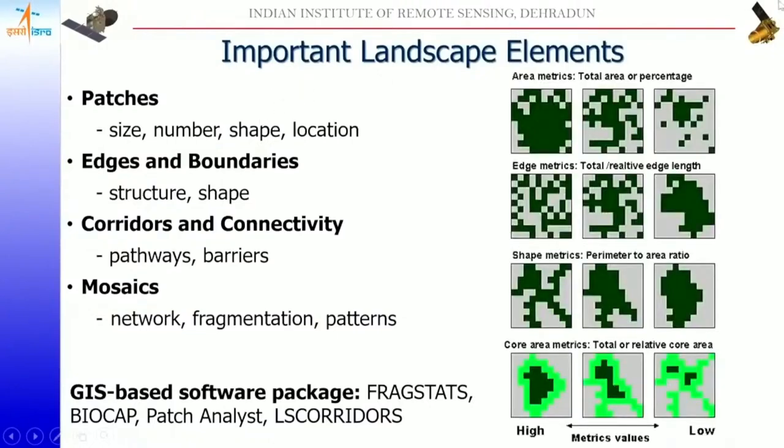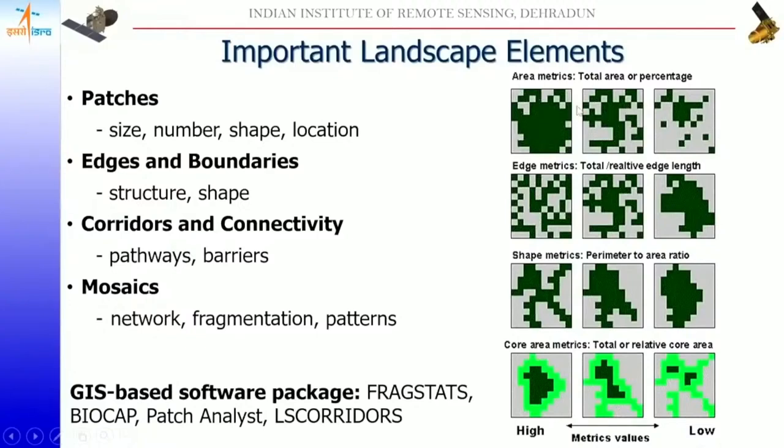So we will discuss a little about the different metrics that we derive from the landscape analysis. So one is the area metric. So here you can see the value of the metric also. So you can focus on the green area in each of these boxes. So in that way you can interpret these metrics.